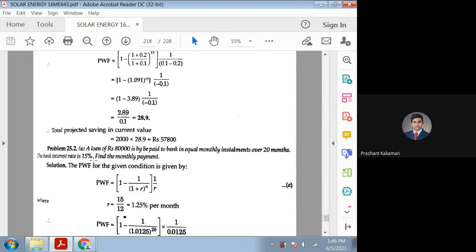For a given number of months, I have to divide it by 12 months in a year. So 15 by 12 gives the rate of interest per month, and I can substitute in the above equation where all the values are considered per month. So I'll take 15 by 12, that is 1.25% per month, and substitute in this equation.